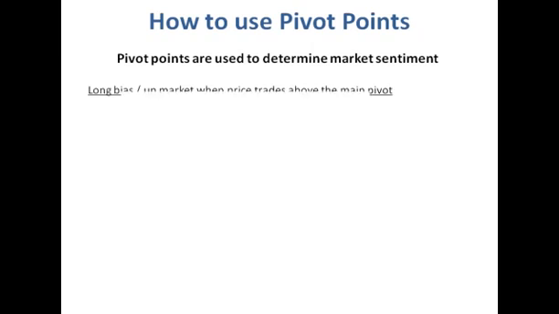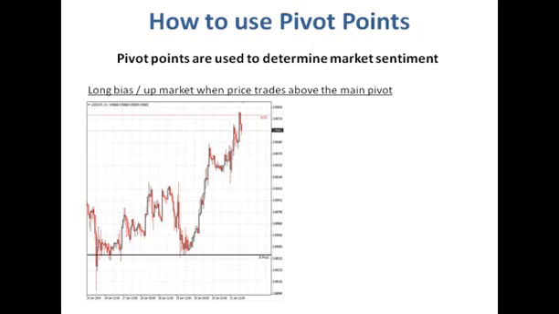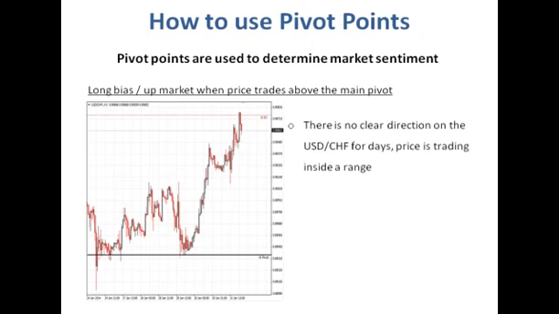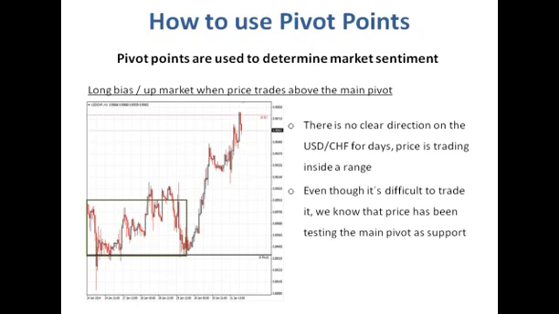Now let's have a look at a long bias or an up market when price trades above the main pivot. This is the US dollar Swiss franc 1 hour chart. There is no clear direction on the US dollar Swiss franc for days, as its price is trading inside this wide range. Even though it's difficult to trade, we know that price has been testing the main pivot as support.